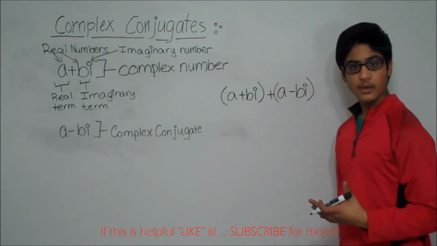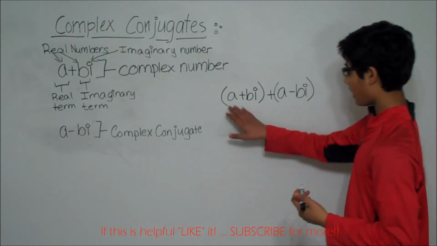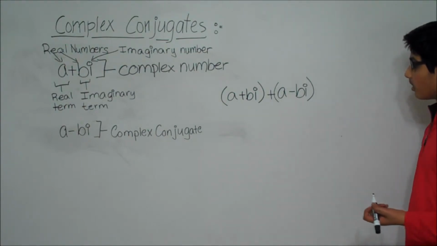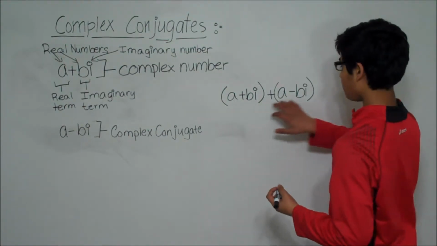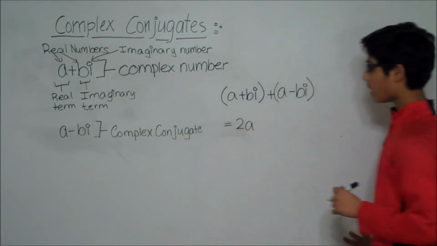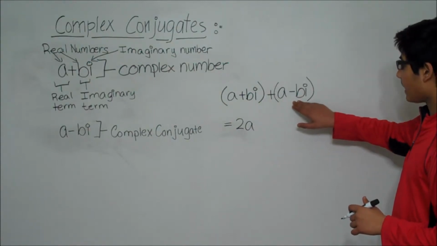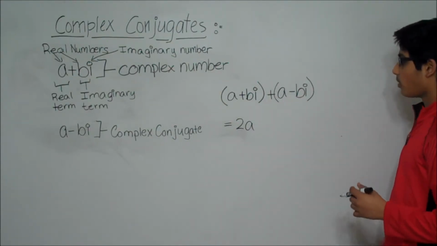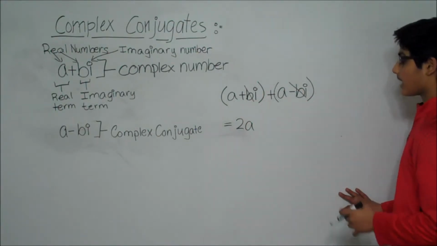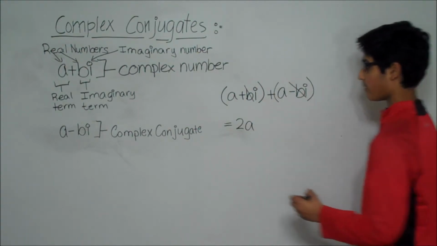Here we have to combine like terms: a with a, and bi with bi. So a plus a is equal to 2a, and then positive bi and negative bi cancel out. So for addition, it's 2a.